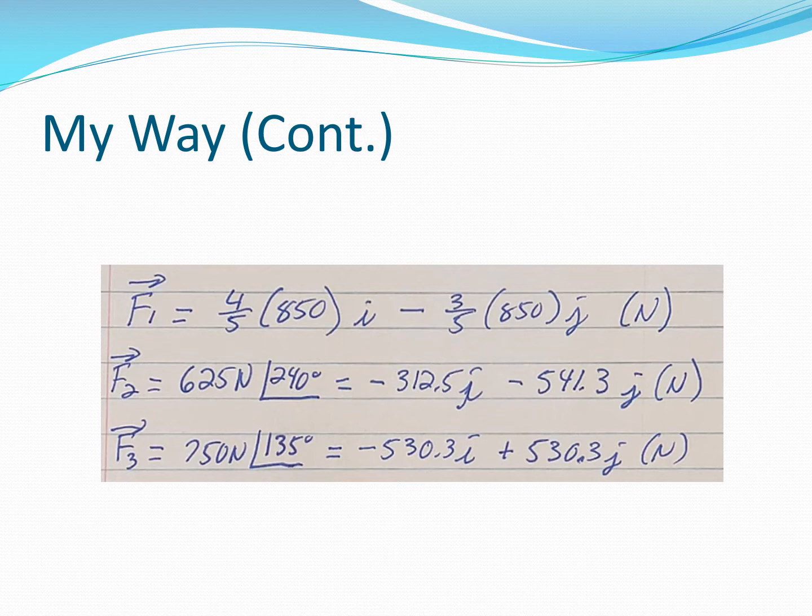So F2 is actually 240 degrees from the positive x-axis, and F3 is 135 degrees from the positive x-axis. Then I use my calculator to take those, now written in polar form, and bring them into rectangular form. Component form and rectangular form mean the same thing. So now you'll see that I have my x and y values for each one of them.